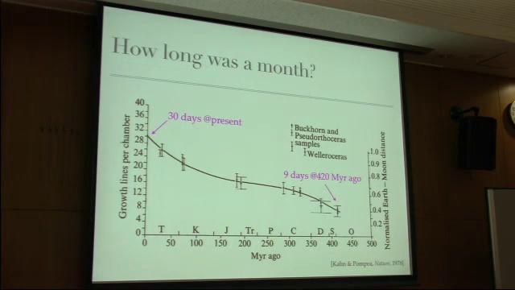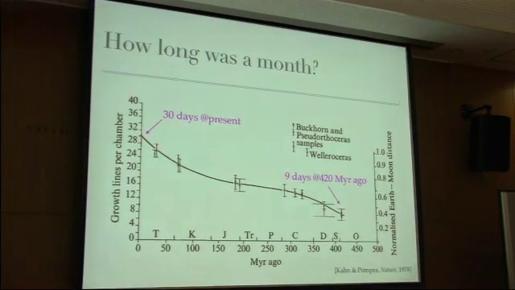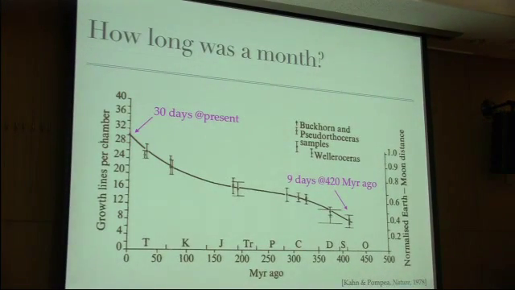But if you look at about 400 million years ago, there were only 9 lines in the chambers. So it means about 400 million years ago, there were only 9 days in a month. And consequently, the distance between the Earth and the Moon was about 40% of the present value.